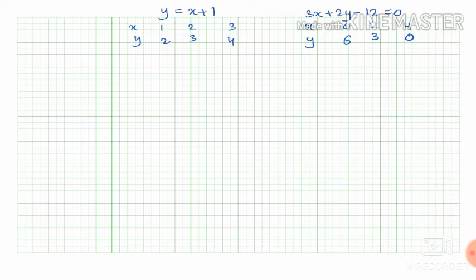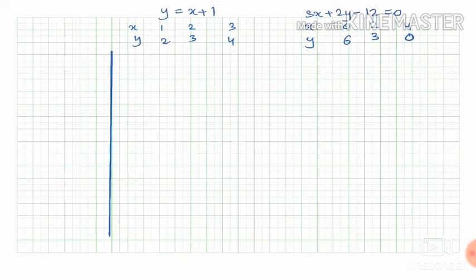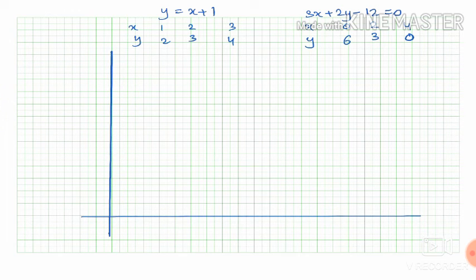Now let's plot these points on the graph. If you look at the x values of both the equations, the numbers range from 0 to 4, and the y values range from 0 to 6.